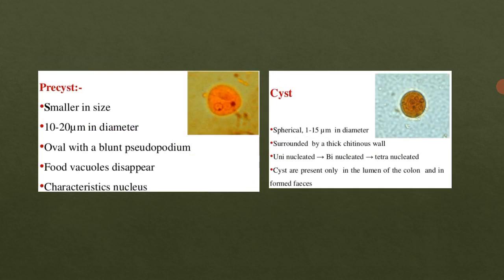So the trophozoite is largest, then the precyst and the cyst. The cyst may be uninucleated, binucleated or tetranucleated. Cysts are present only in the lumen of the colon and in formed feces.